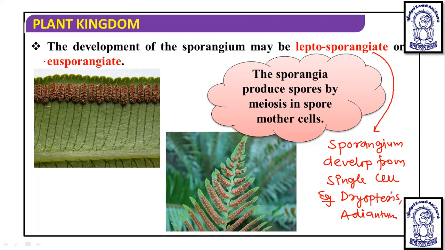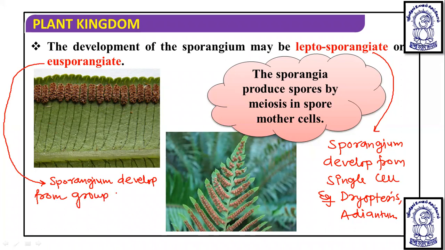Whereas if we talk about the eusporangiate, this eusporangiate development of sporangium means the sporangium does not develop from a single cell, but develops from a group of cells, and the group of cells forms a sporangium.